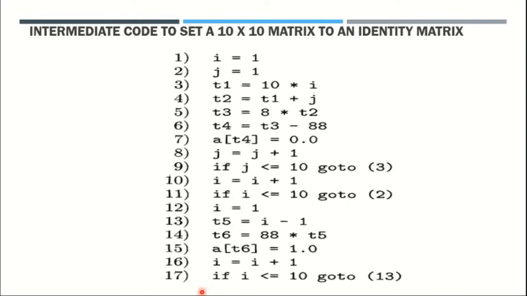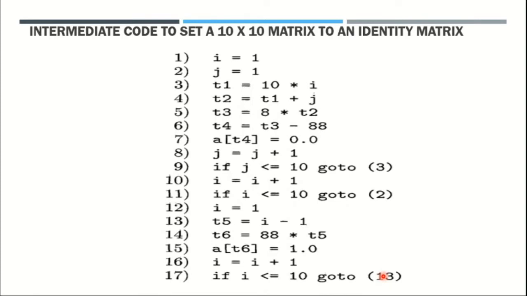In case an 18th instruction existed, it would also be a leader. But here the 17th instruction is the end of the intermediate code representation, so there was no need to consider an 18th instruction as a leader.